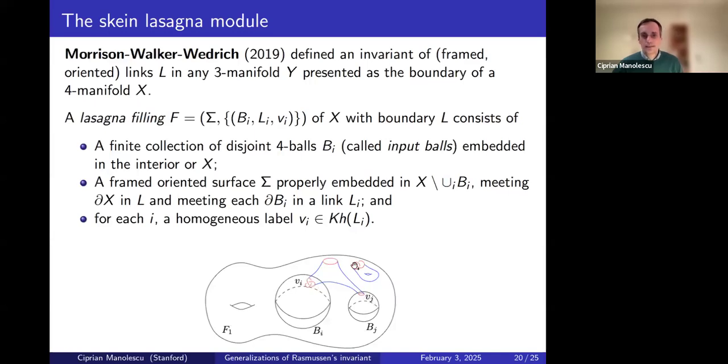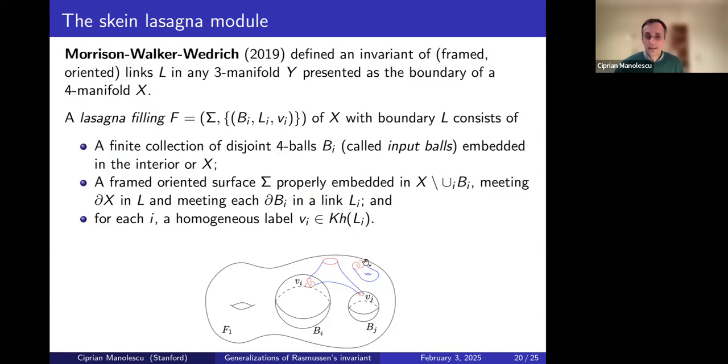And you have some cobordisms from your link on Y to these other links. They might have components that are like this or even closed, but just some cobordism. Then we have some labels. Each of these other links lives in S3, so their Khovanov homology is well defined, and we label them by elements of that. So that's a filling.